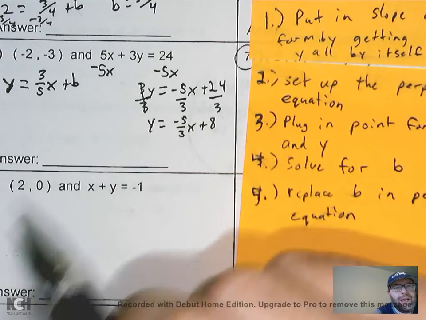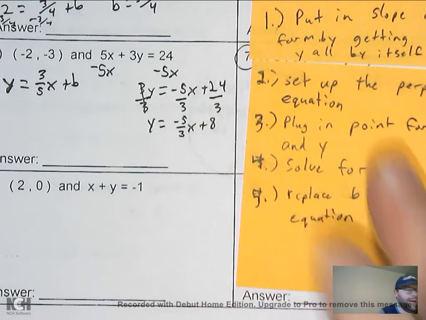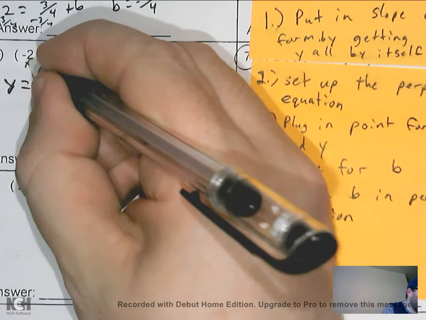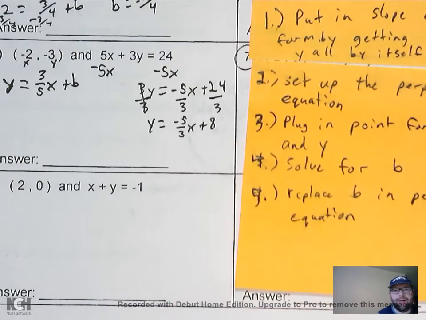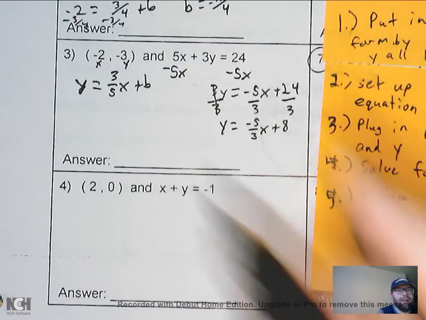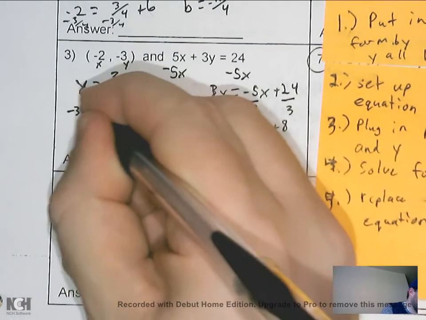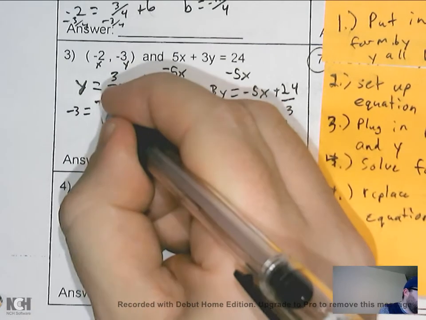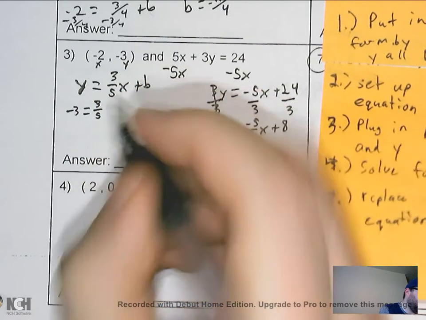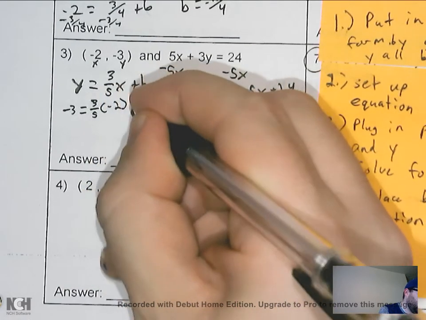Okay, now this is where I plug in the point for x and y. Again, negative 2 is going to be your x-coordinate, negative 3 is going to be your y-coordinate. So to plug it in, I would replace the y with negative 3. So negative 3 is going to equal 3 over 5 times x, which is negative 2, plus b.